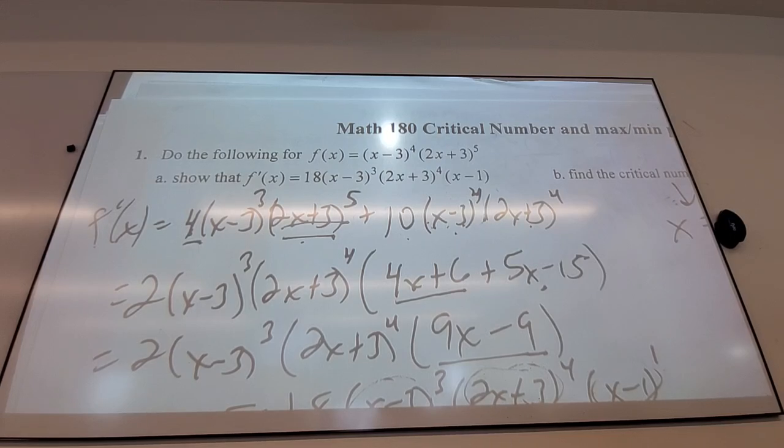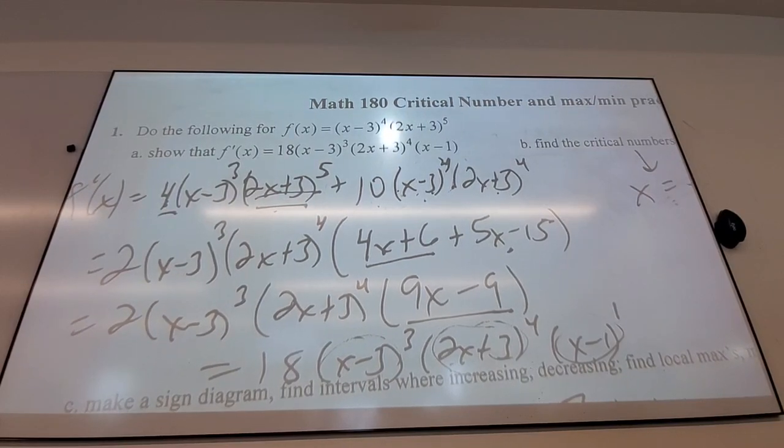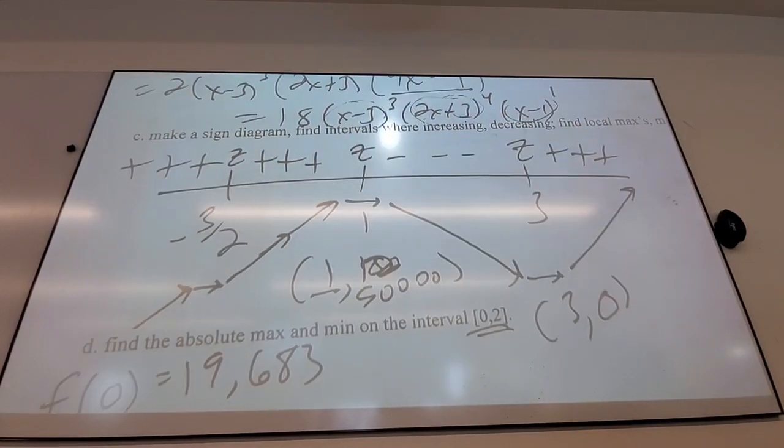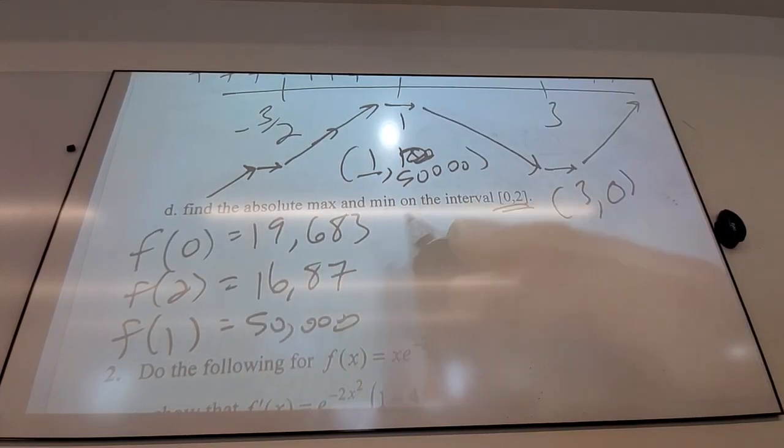I don't know, I'm probably way wrong. 19,680. Oh, okay, I can live with that. 19,683. And then what's f of 2? f of 2 will be 7 to the 5th. 16,807. So what is my absolute min?